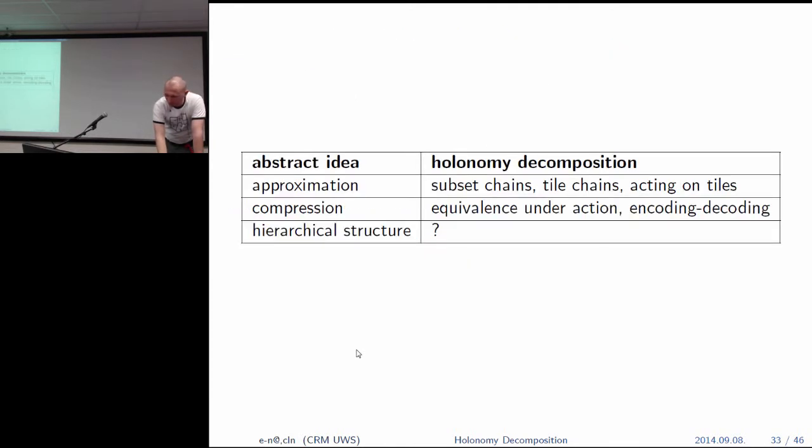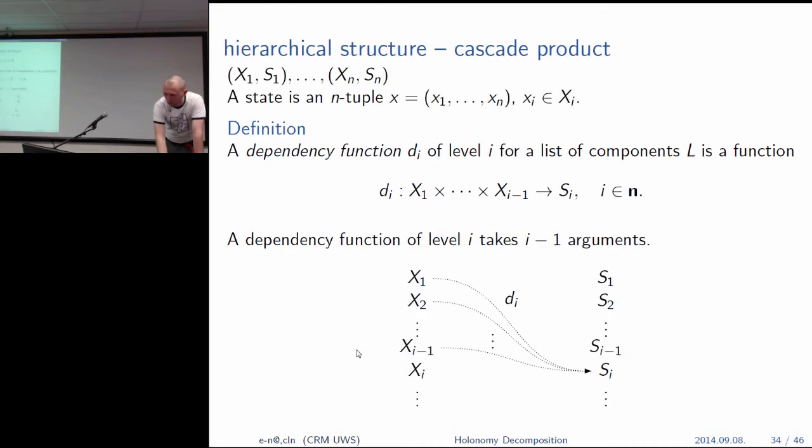Okay, so about the hierarchical structure. Well, I talked about this a couple of times, so I will try to do it quickly. Also, time is going, so I have to do it quickly anyway.